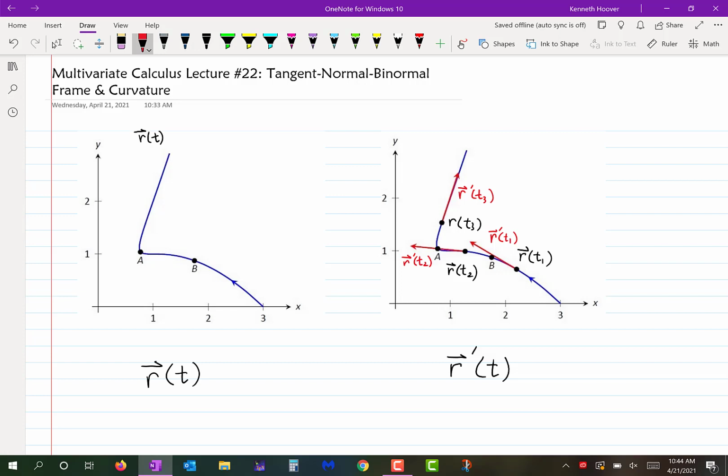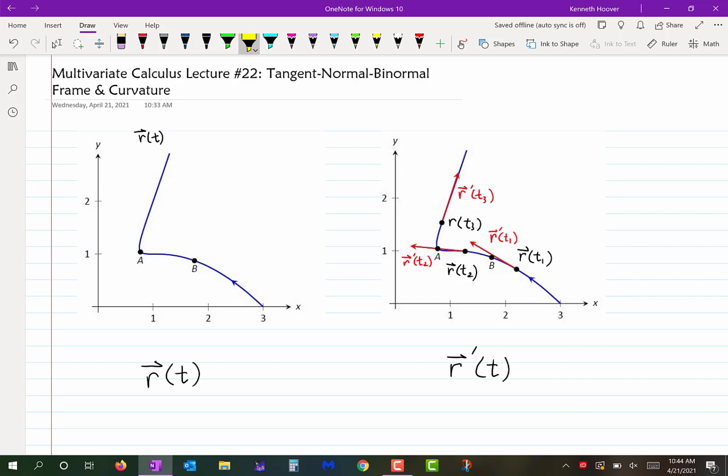However, here's a problem that I can easily avoid, and you can't avoid every problem, but problems that are easily avoidable, then we do a little bit of extra step to avoid the problem. Okay, now here's the problem. The length of R prime can fluctuate. So what I'm saying is I have three tangent vectors in the picture.